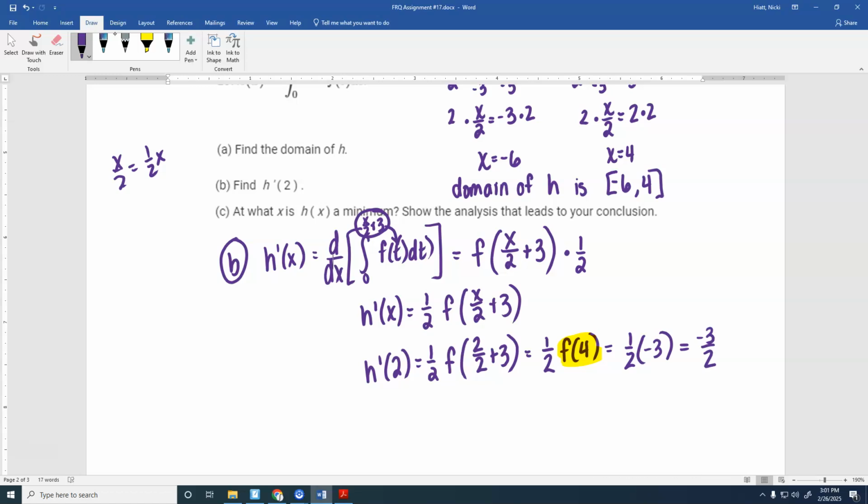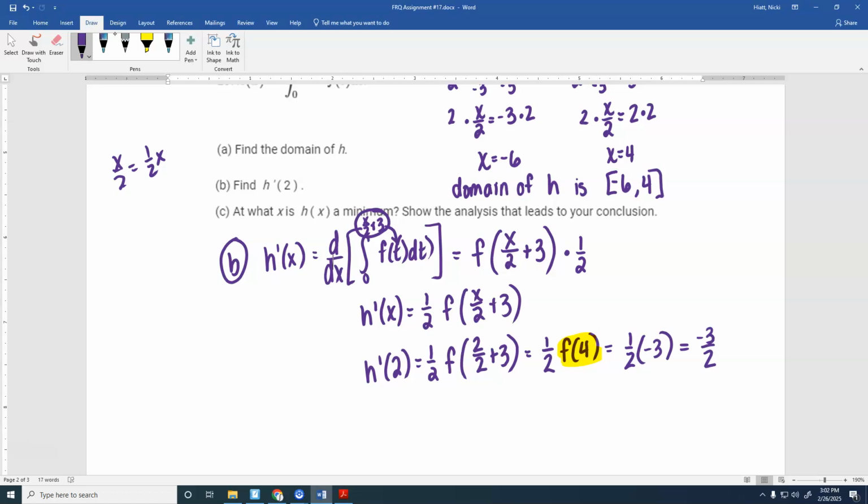Okay. Part C asks us where h has a minimum, and we have to show the analysis that leads to our conclusion. This is going to be tricky.